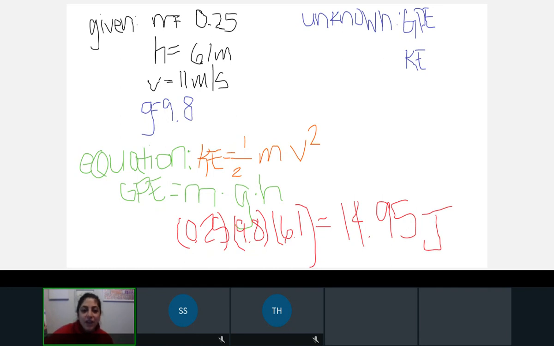So if we take a look at our data, right, we can put in our mass and we can put in our velocity. But it's important that we pay attention to the rest of this equation. So unlike the potential energy where we just multiplied across, this one, we actually have to do a couple of order of functions before.